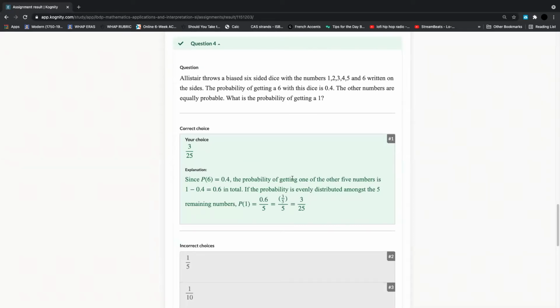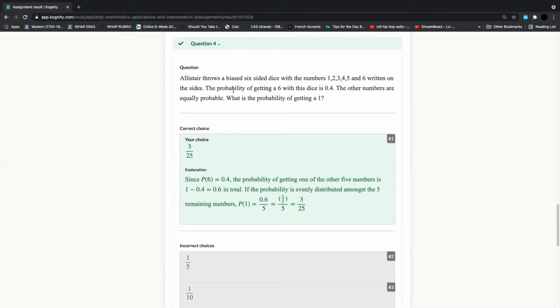So we have a biased six-sided dice, right, which has the sides 1, 2, 3, 4, 5, and 6. In the question, it tells us that the probability of getting a 6 with this dice is 0.4. So we know that the probability of getting all of the other numbers is 0.6, because 1, which is what all the probabilities have to equal, minus 0.4, which is the probability of getting a 6, equals 0.6.